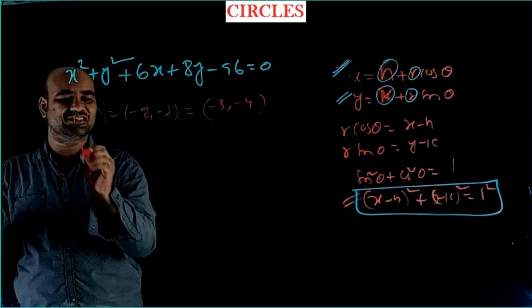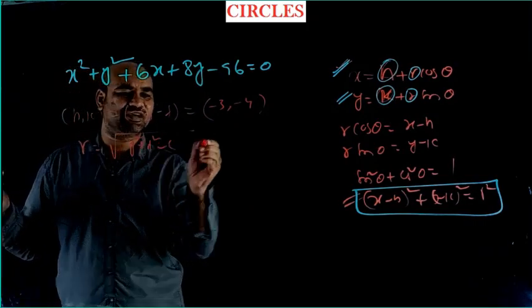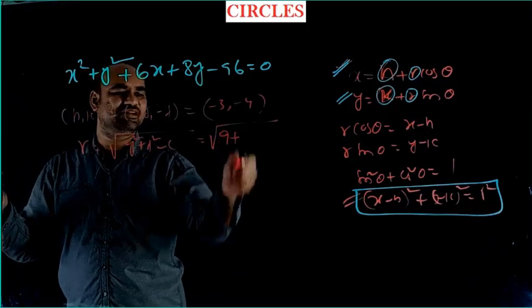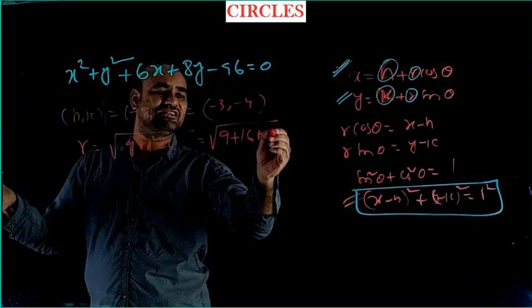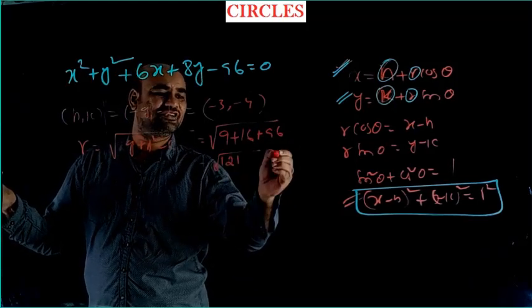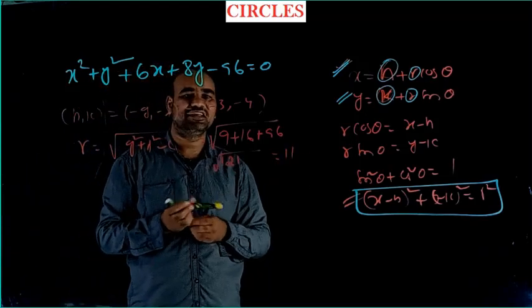Now I want the radius r, root over g square plus f square minus c, that is 9 plus 16 plus 96, which is root over 121, which is nothing but 11. So we got the radius as 11 and the center as minus 3 comma minus 4.